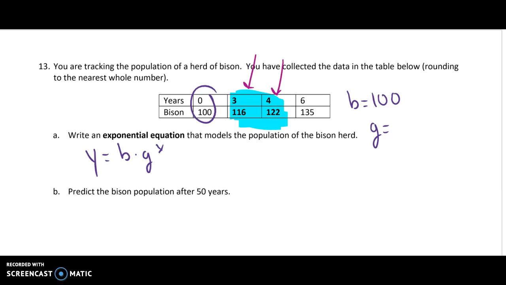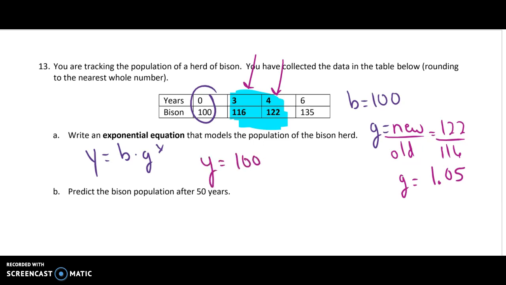So to find g, I'm going to take the new amount and I'm going to divide it by the old amount, or the y divided by the previous y. So I will be taking 122 and divide it by 116 on the calculator, and when you do that, you get about 1.05. I don't remember if it was exact or I rounded or not. But anyway, that's your g. So now we're going to write the equation y equals b times g to the x power. And now I'm going to let you do b. You're going to use this equation to tell me what it will be in 50 years.